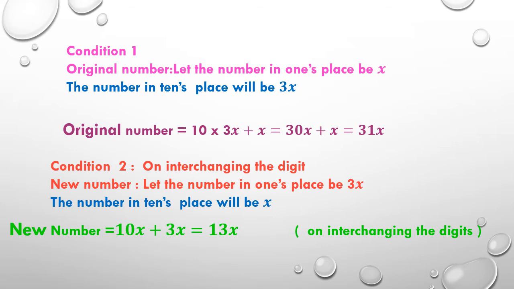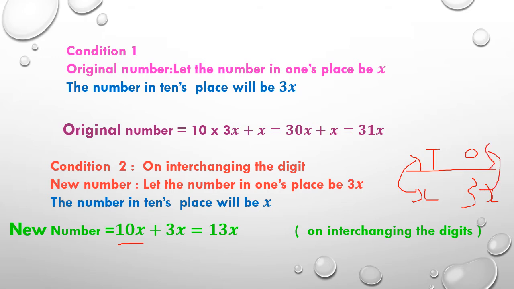You have to write your ones place and tens place. In ones place it is 3x. In tens place it is x. So multiply x by 10. You get here 10x. And then multiply 3x with 1.